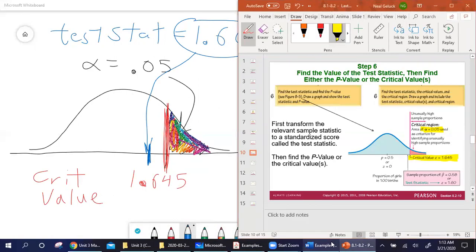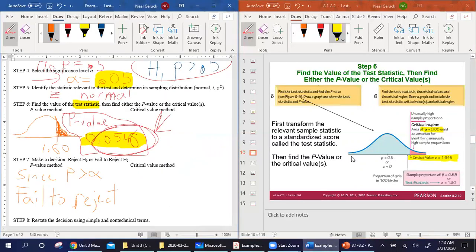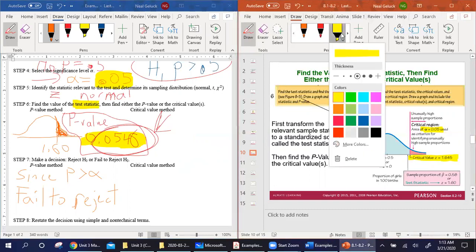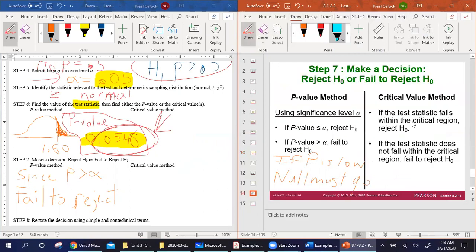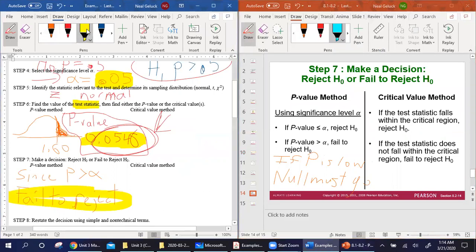Looking back at our notes, again, 0.58 is just short of that critical region. That's where I would say things are weird. If I look at step 7, if the test statistic falls within the critical region, we reject. If it does not fall in the critical region, we fail to reject, which is the same conclusion we got. So either way, we ended up with fail to reject the null.